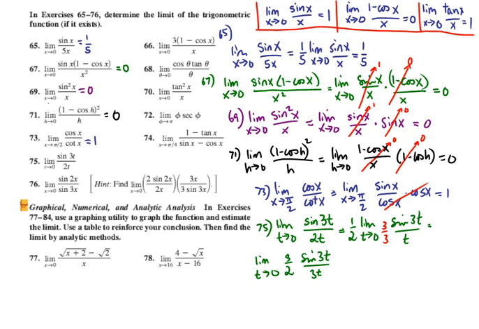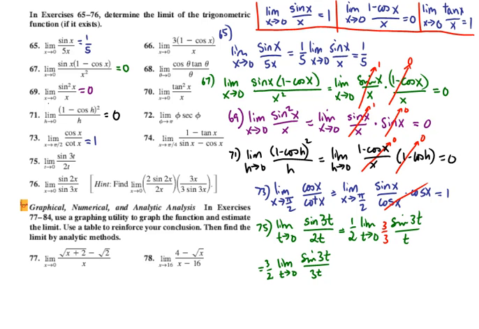And actually the 3/2 should come outside the limit, so that we get 3/2 limit as t approaches 0 of sine of 3t over t. And as t goes to 0, 3t also goes to 0, and what you're going to have is that same limit.